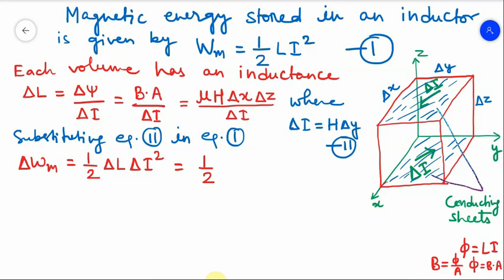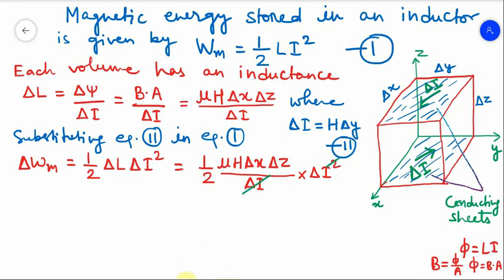Del L is mu h del x del z upon del I. So it is half mu h del x del z upon this del I, multiplied by this del I square. Now one power will get cancelled.